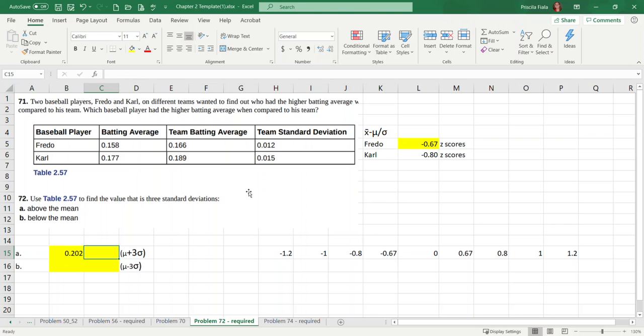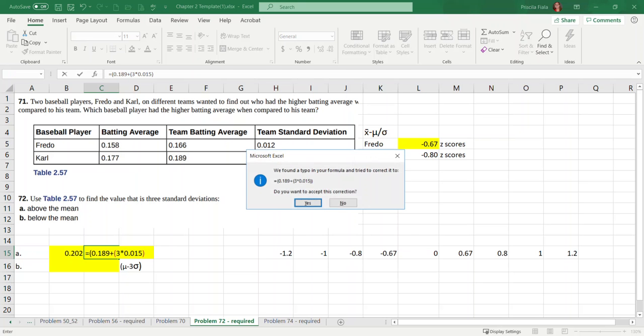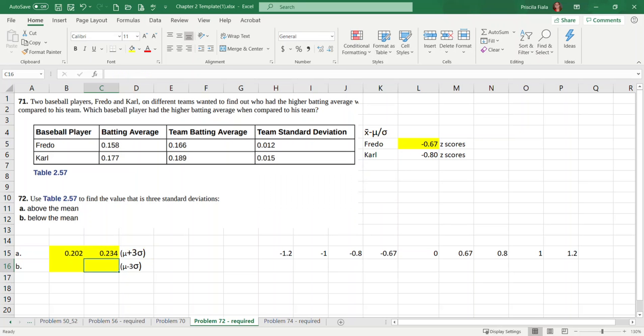Then let's do it now for Carl. I'm following this one over here. So we have 0.189 plus 3 times 0.015. And that would be for Carl. Now to subtract, I can just select this and drag it down, and it copies the same thing.